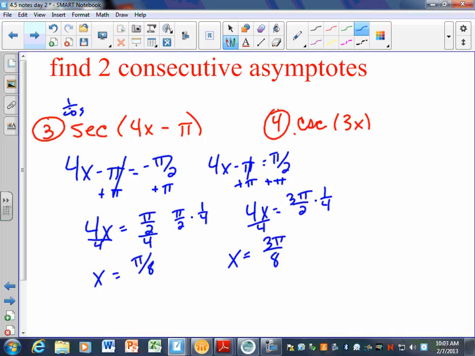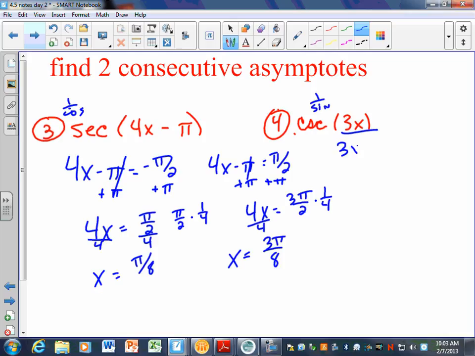Yep, because they have cosine at the bottom. And then cosecant and cotangent we set the same because they both have sine in the bottom. This is one you could graph. Like this could be on your homework tonight. Graph this because there is no C value. Same idea. You set this equal to the 2 asymptotes that normally it has. And normally cosecant is 1 over sine, so it's undefined at 0 and pi.